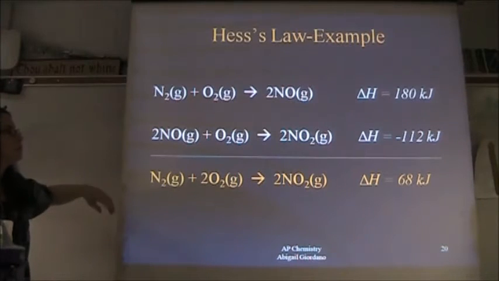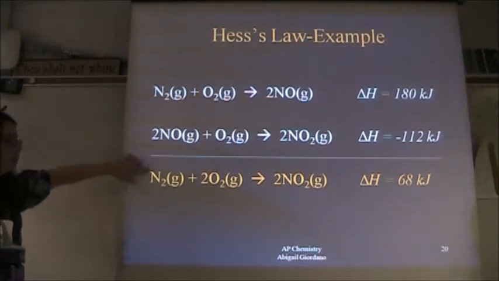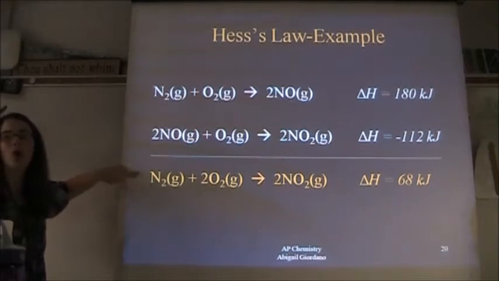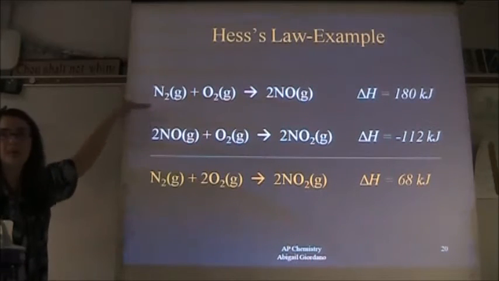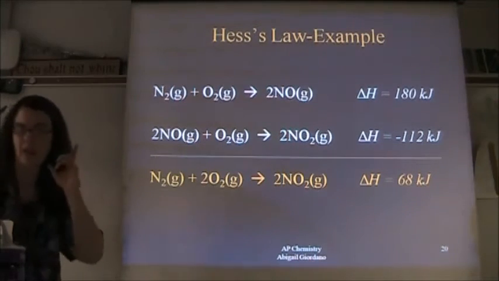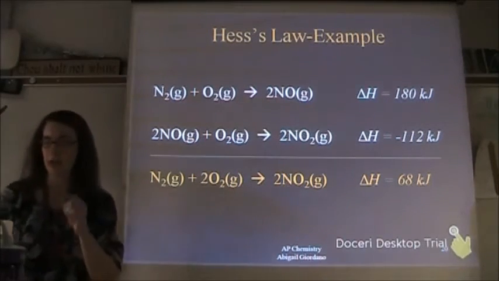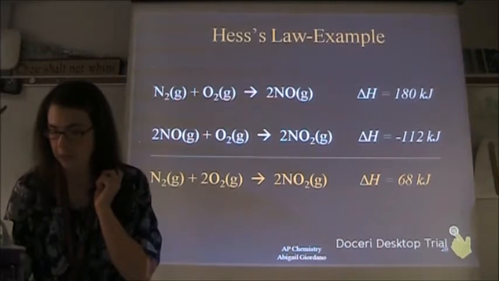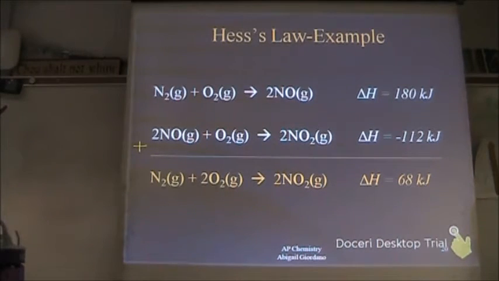Now, what is this? Well, this, ladies and gentlemen, is what's called an overall reaction. Elementary steps, overall reaction. And what I am going to do with these elementary steps is I'm going to be adding them together. This is a skill we have done before.